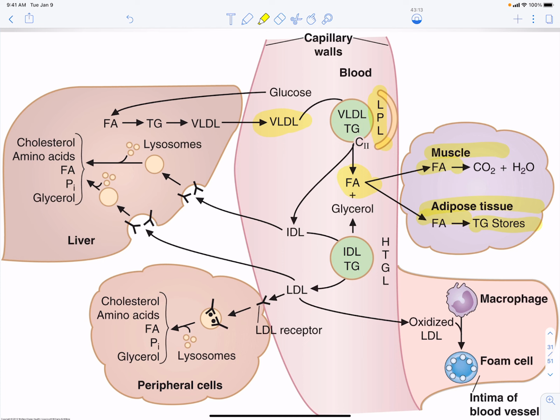Your very low density lipoprotein particles will become intermediate density lipoprotein particles. These can go back to the liver, where the liver has receptors for these, and they can bind to those, and then you can make them into different things in the liver.